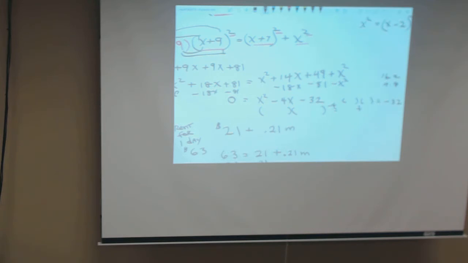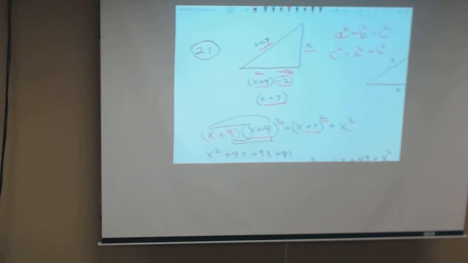There we go. If I wanted negative 4 in the middle, I would have negative 8 and positive 4. You follow that? So it's x plus 4 times x minus 8. Check it out. 4 times negative 8 is negative 32. 4x, negative 8x is negative 4x. So either x is negative 4 or x is 8.